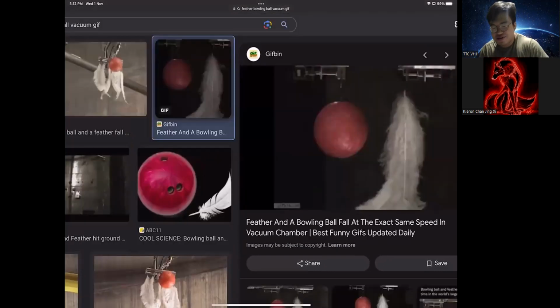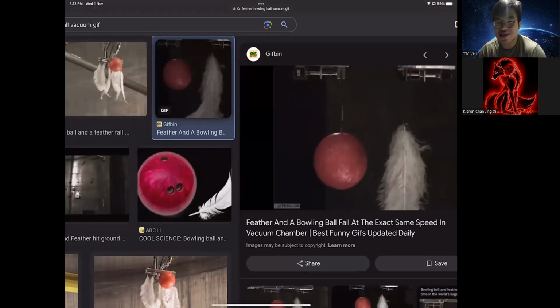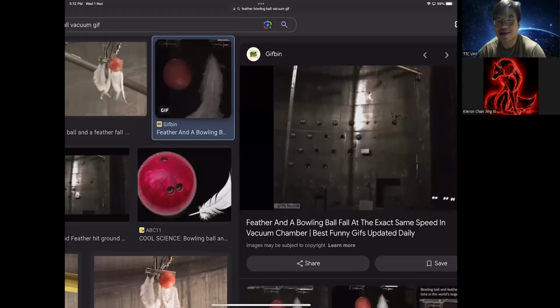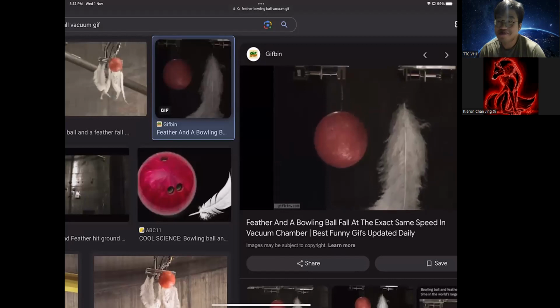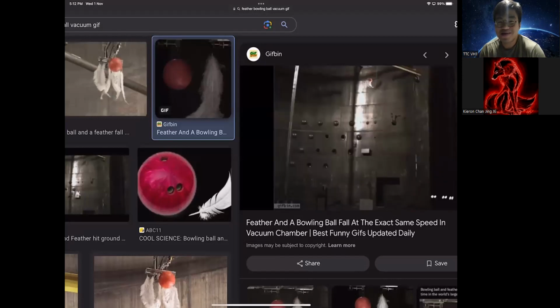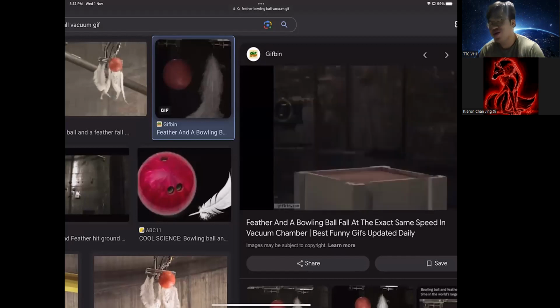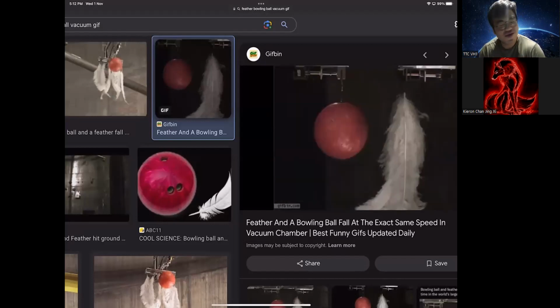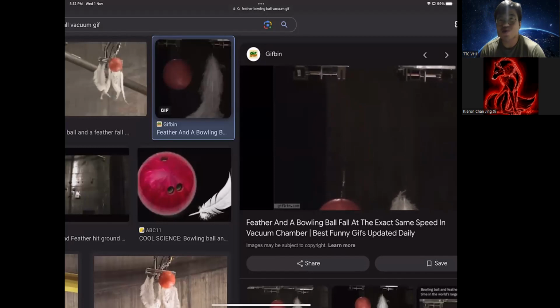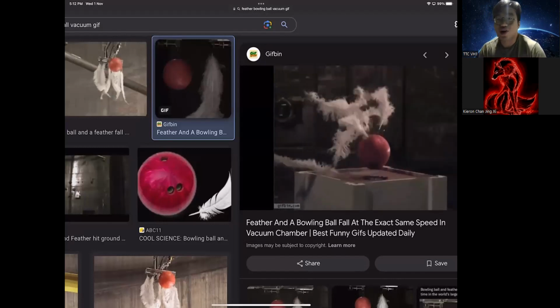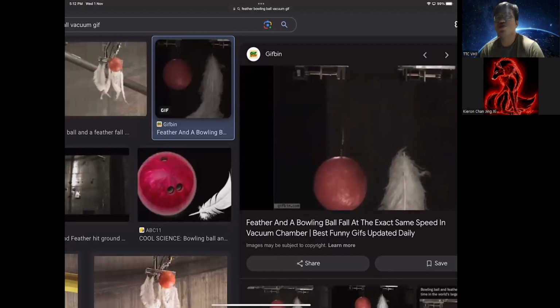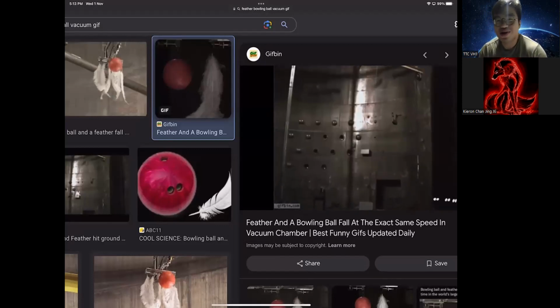But when you take the air away, you see this guy actually went the distance and did it in a vacuum. Make sense? So Newton is never wrong. It's just that we don't see it in real life because it's impossible to have a vacuum and drop things down.